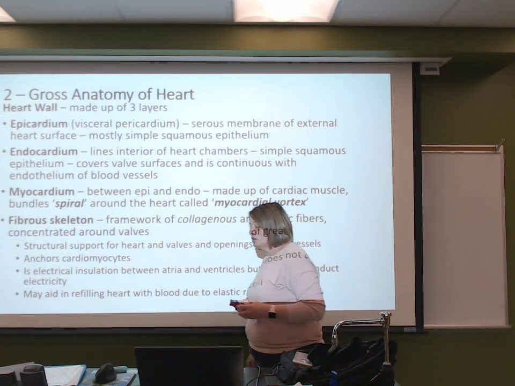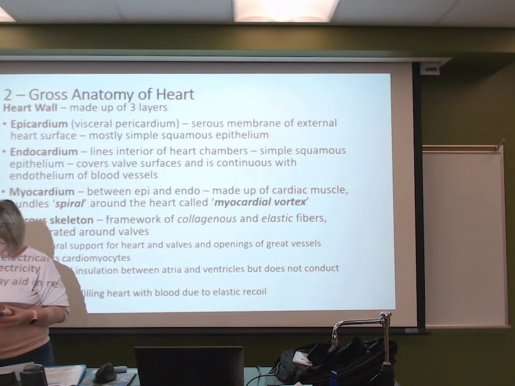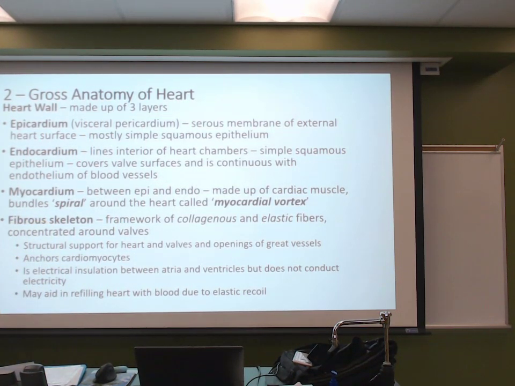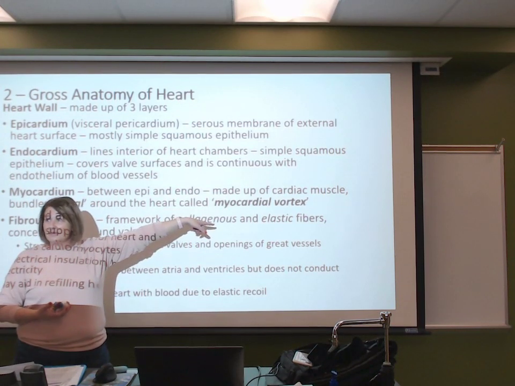We have what's termed a fibrous skeleton network, which is, I think, what that picture that you had was trying to represent. This is going to be a framework of, do you guys remember collagen and elastin?